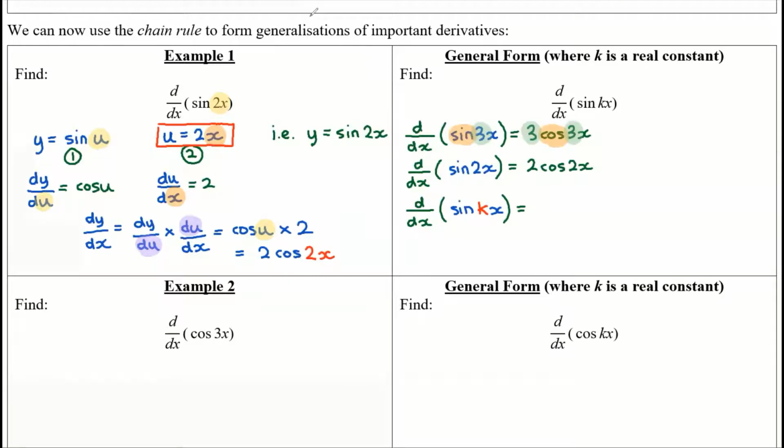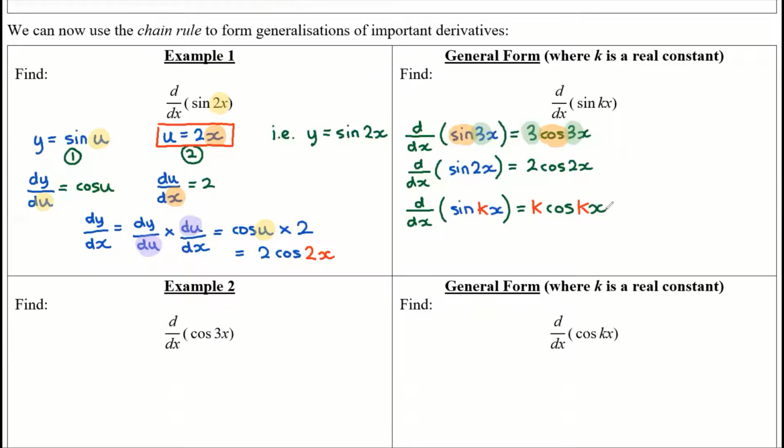So we could probably anticipate what's going to happen with k. It's going to give us k multiplying the front of the function, then the cosine as the derivative of the sine, and then we get the kx back inside the function. So can we verify this using the chain rule?